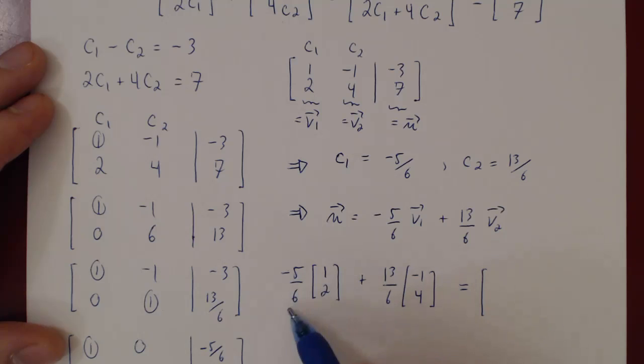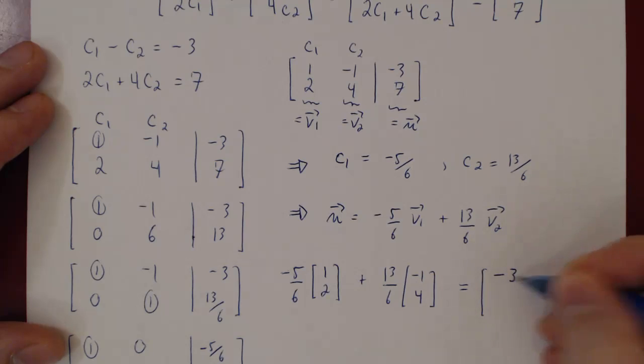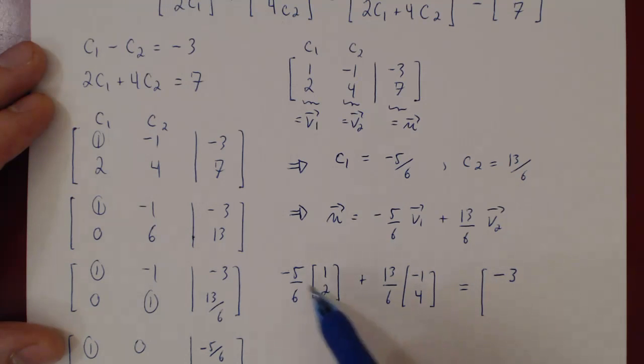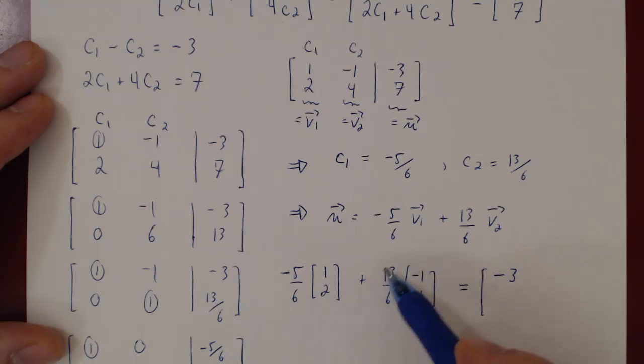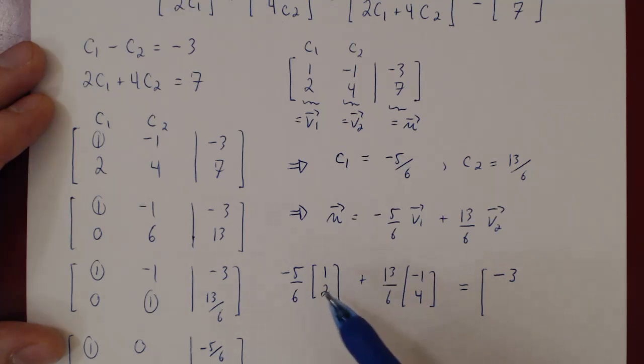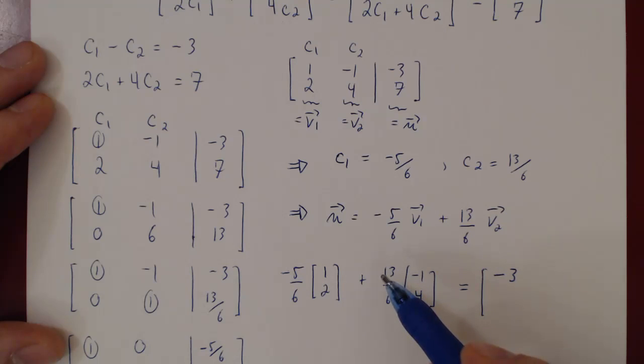The first entry is negative 5 over 6 plus negative 13 over 6. That's negative 18 over 6, which is negative 3. The second entry, negative 10 over 6. 13 times 4 is 52.